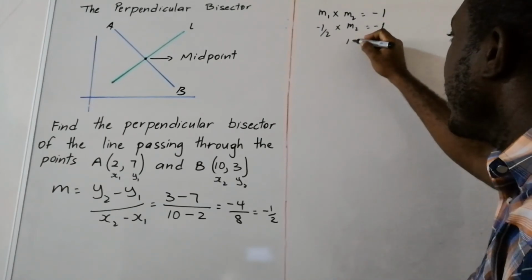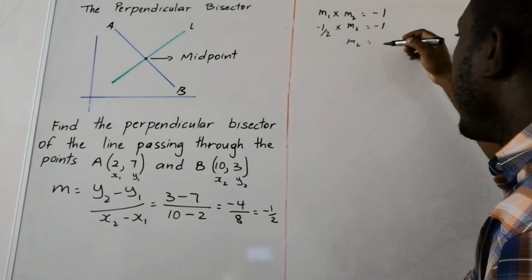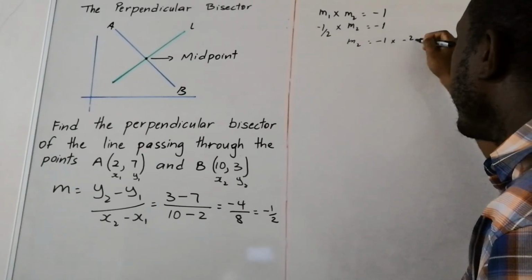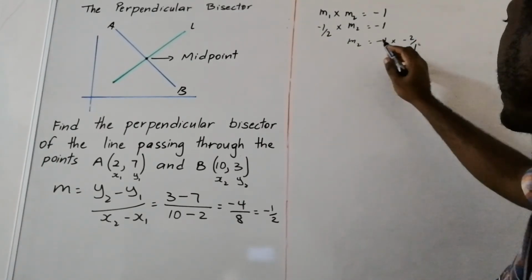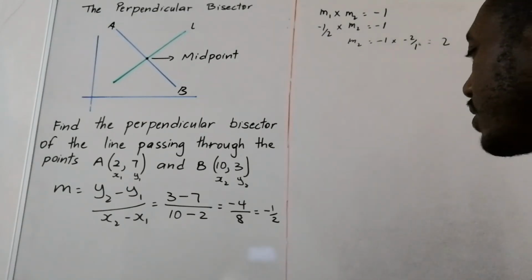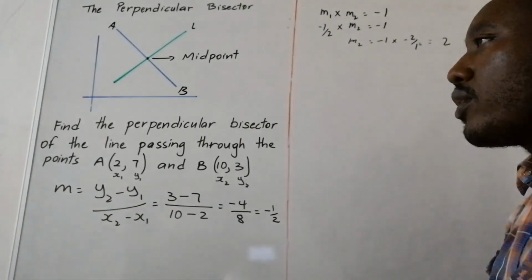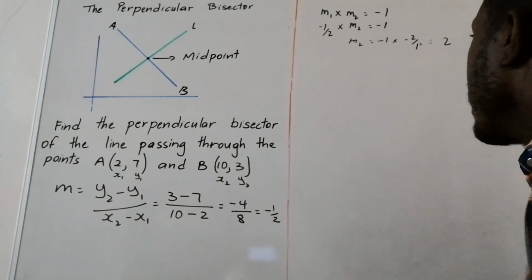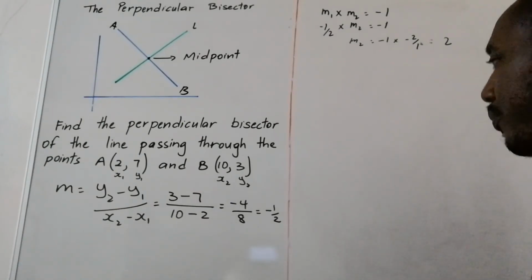We take this over, upturn it and multiply negative 1 times 2 over 1, which gives us 2. When we upturn a half, we get 2, and then we change the sign, which gives us a positive. So the gradient of the perpendicular line is 2.